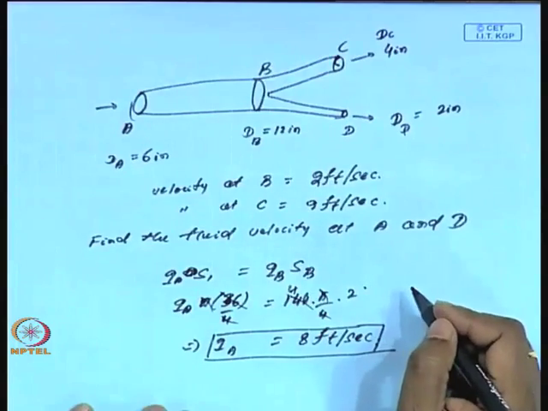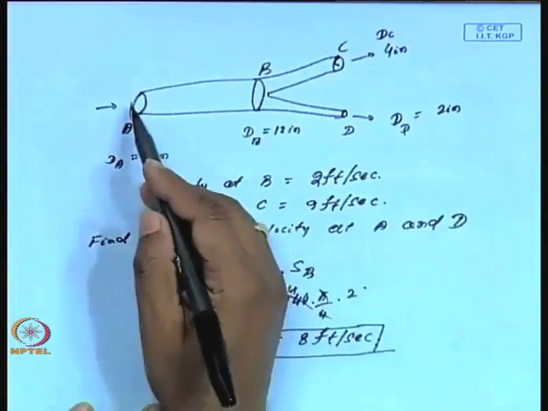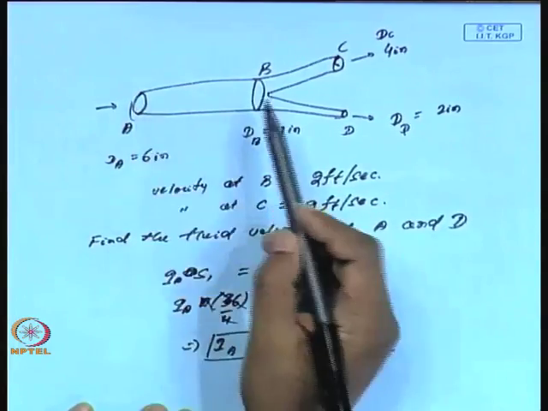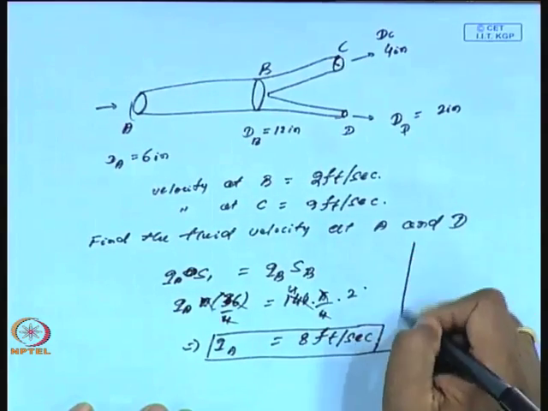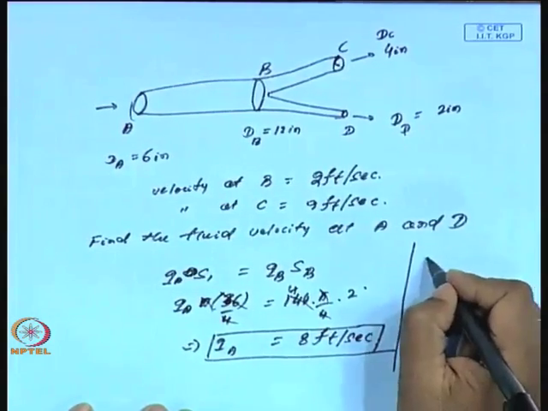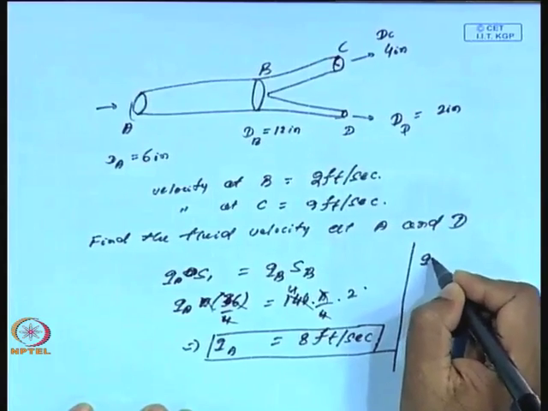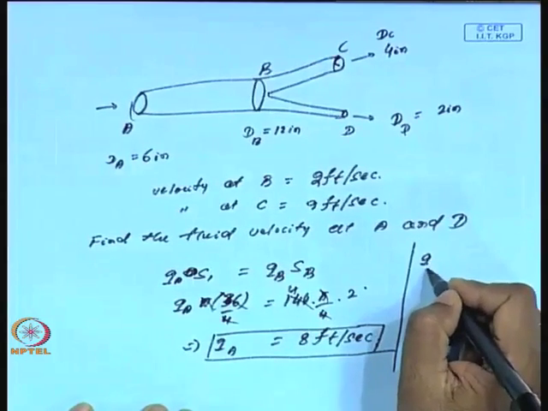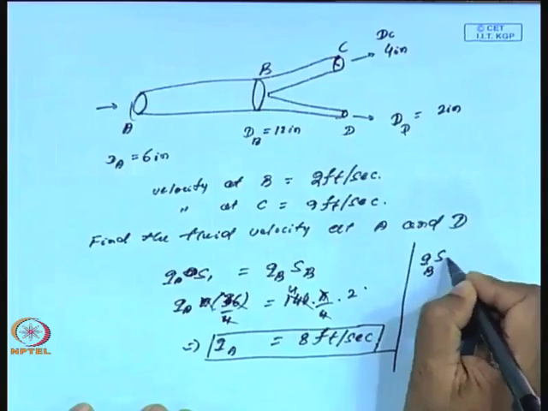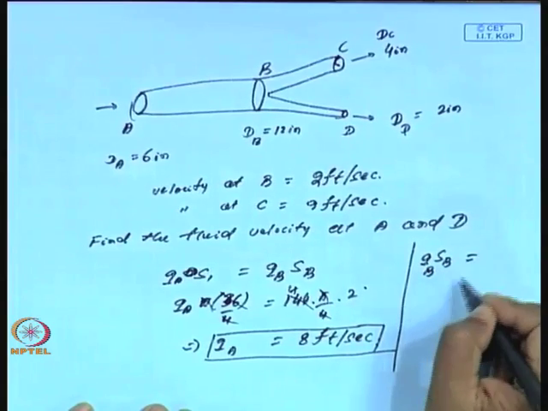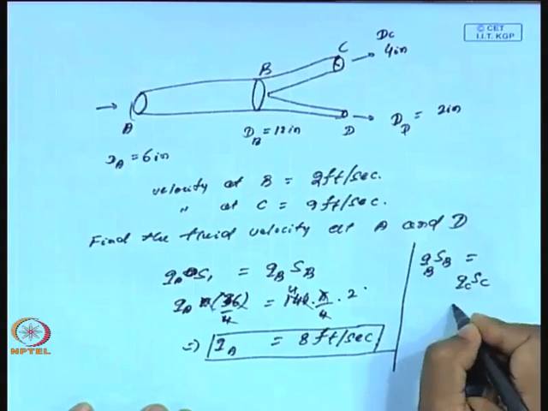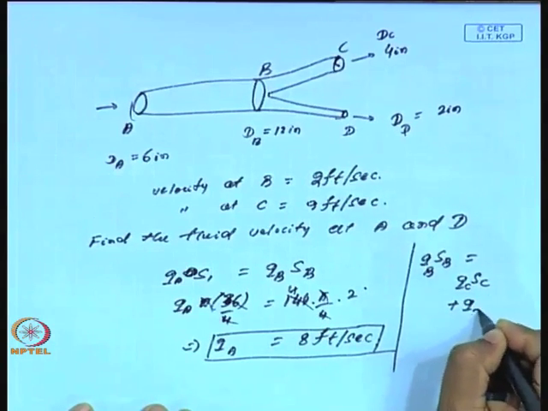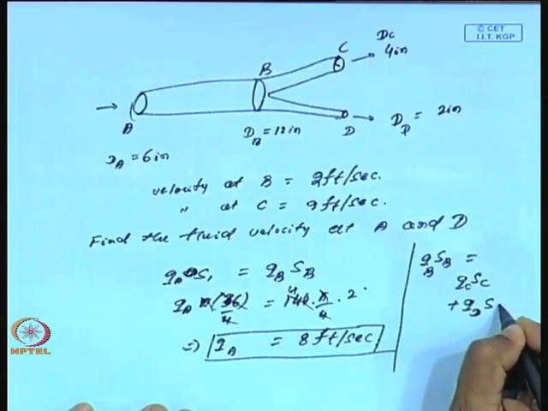Now, in the same way, because I know the fluid speed here, at B, QB SB will be the same as QC SC plus QD SD.